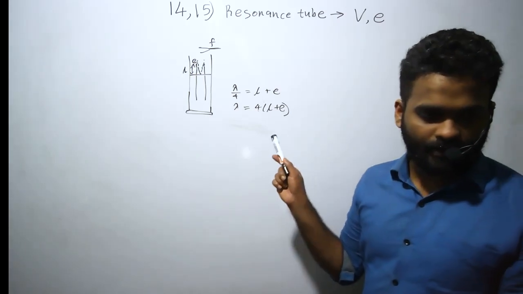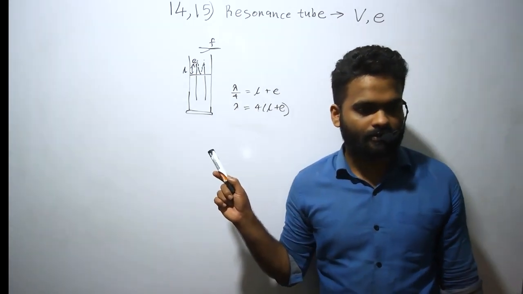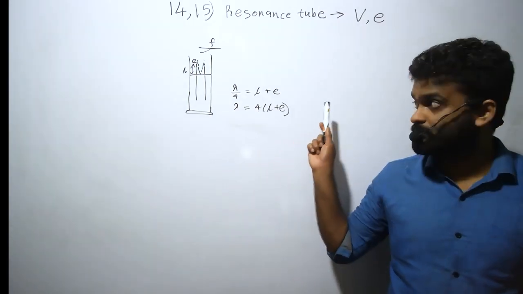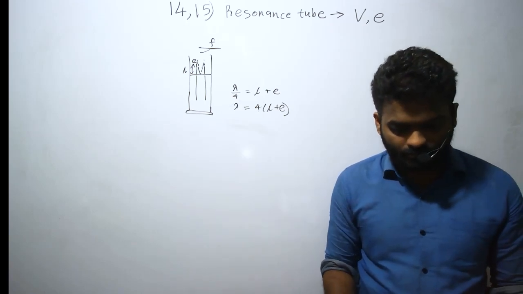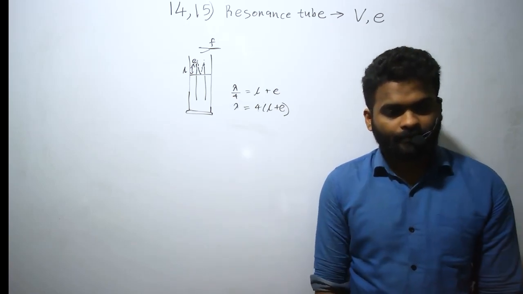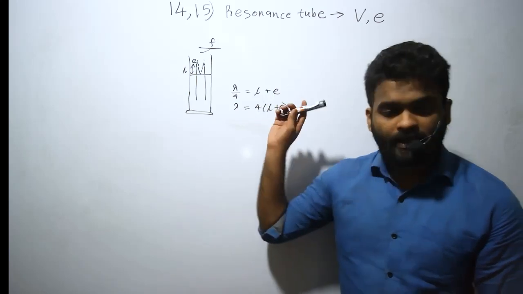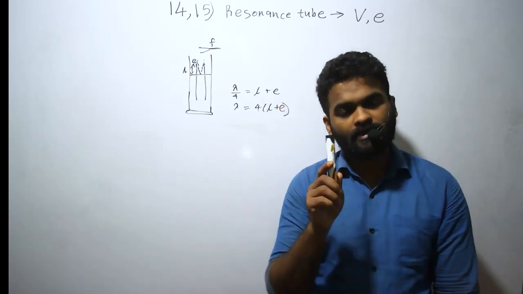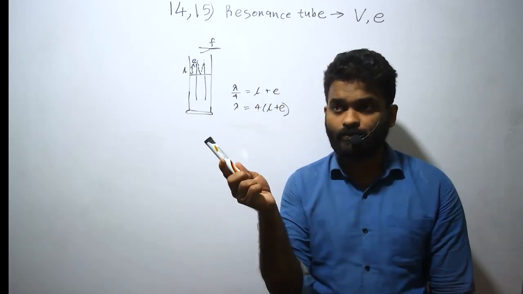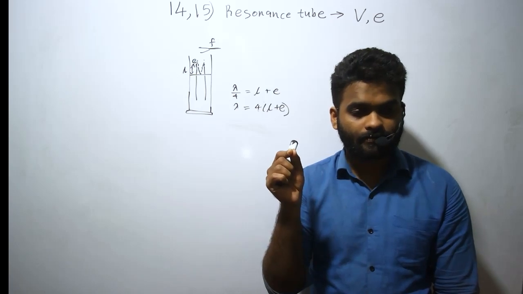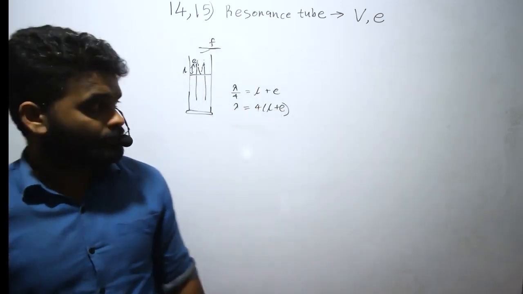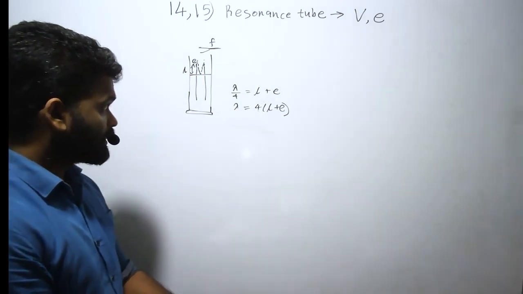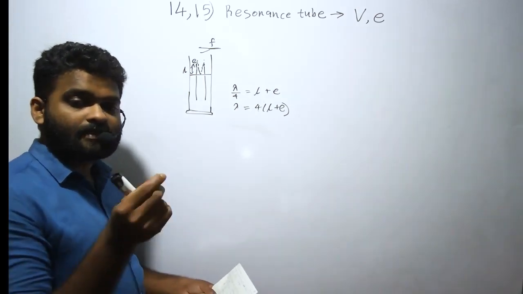So this is the 15th experiment, right? Take this down. Okay. So here we are using a set of tuning forks, right? If you are using a set of tuning forks, what we are changing is the frequency.